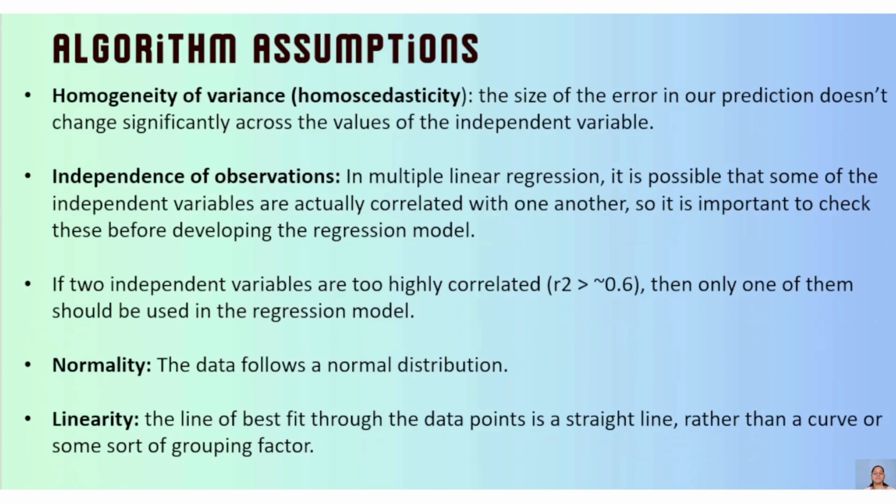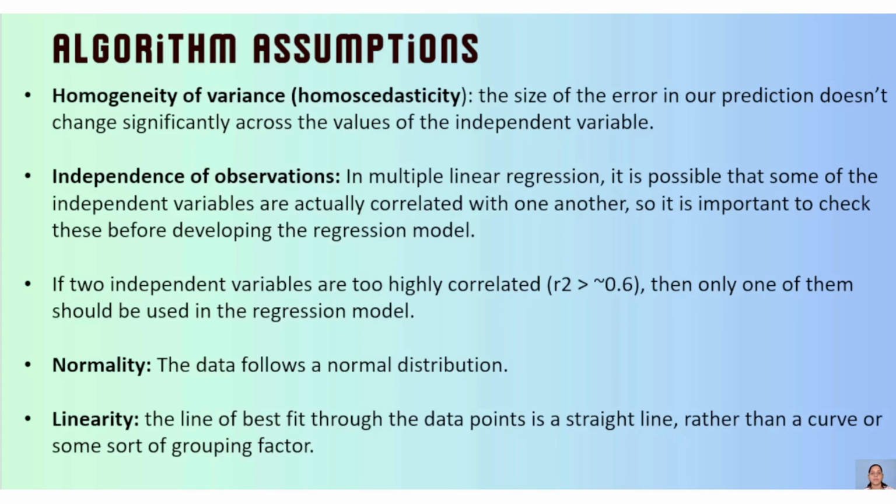Then what are the assumptions we consider for multiple linear regression? One very important assumption you will get in interviews is homoscedasticity. What is error? It is the difference between actual and predicted values.